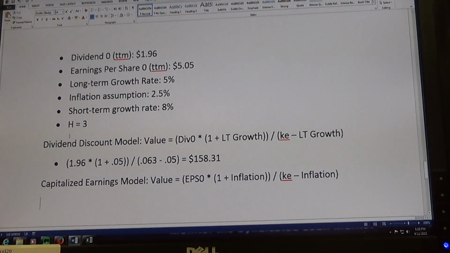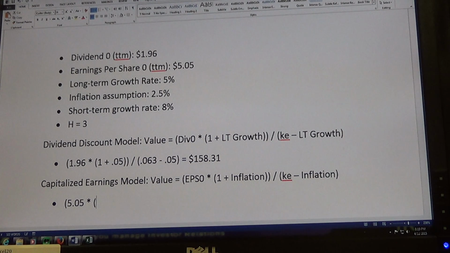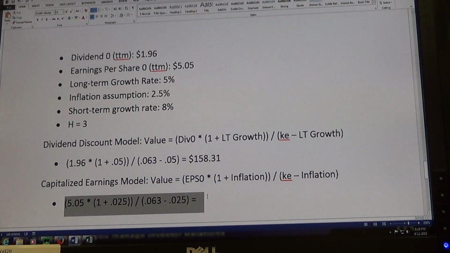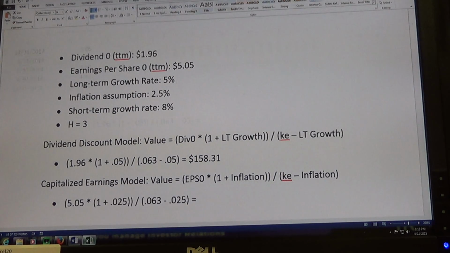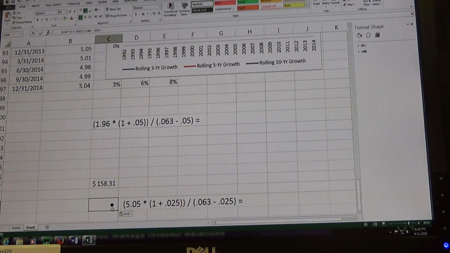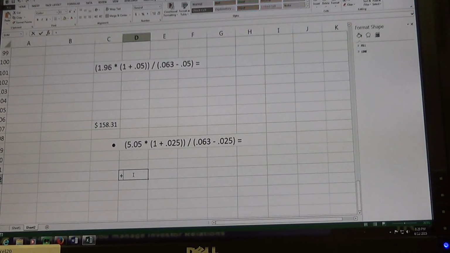So in our case, that will be 5.05 times 1 plus 0.025 divided by 0.063 minus 0.025. Again, it's probably going to give us a pretty high number. It's much higher than the examples I do in class often. But that's okay. If you agree with the assumptions, everything's fine.